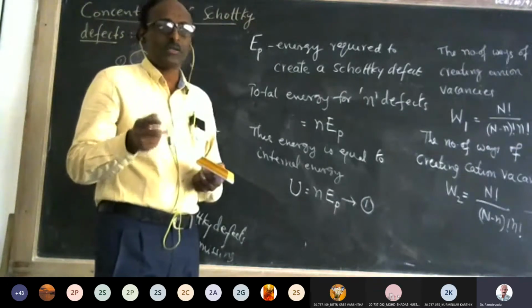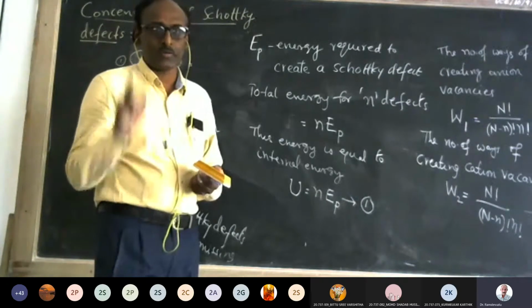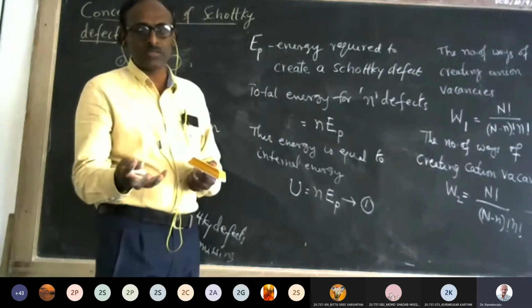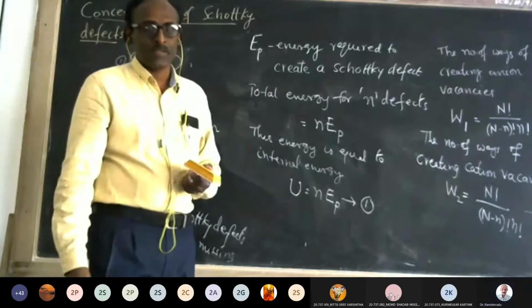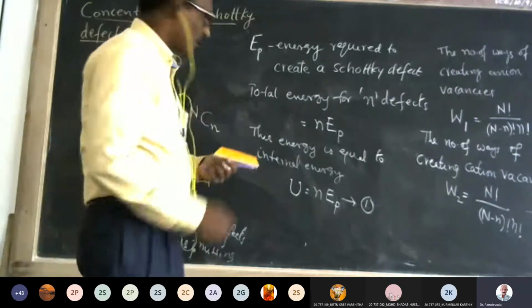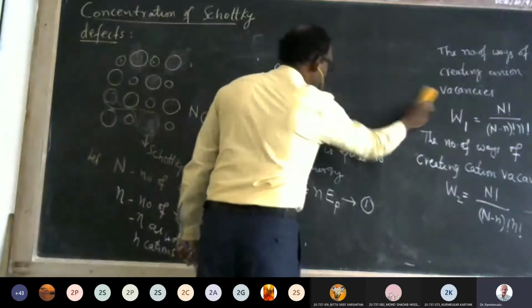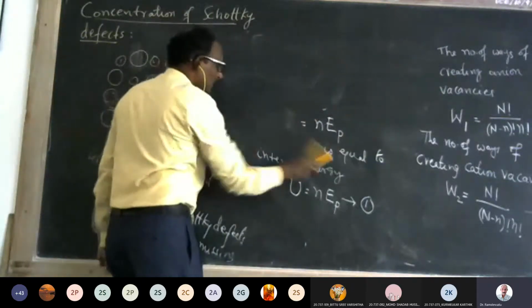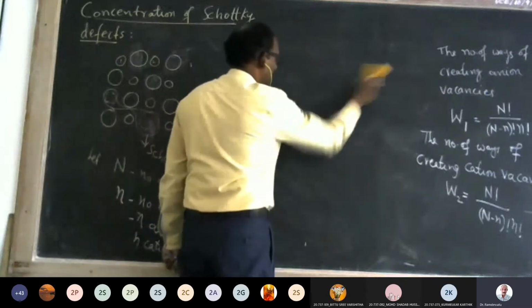Similarly for the tail. So we have 1 by 2 probability, 1 by 2 probability, where 2 is the total number of events. Thereby, remember that the probability of occurrence of an event is proportional to the number of ways.